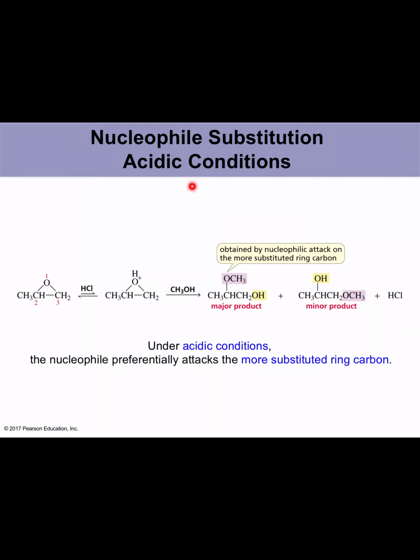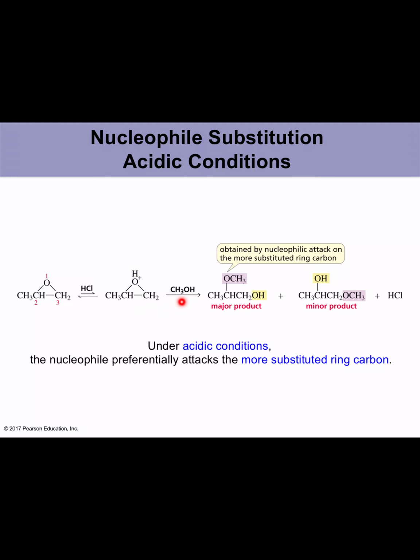Nucleophilic substitution, acidic condition. When you add HCl to an epoxide, we know what's going to happen. Oxygen with the lone pair grabs a proton from hydrochloric acid and becomes protonated. That's what happens when you add HCl. And then you're going to react with methanol.